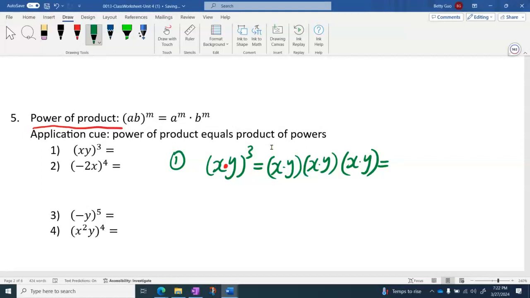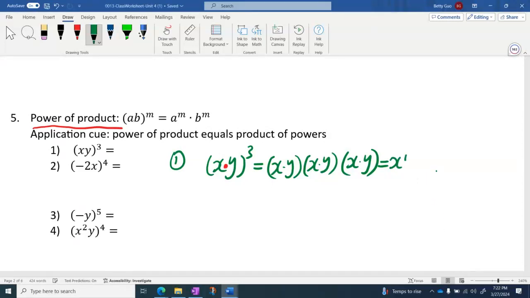Remember, we have the commutative and associative properties of multiplication of real numbers that allow us to rearrange the order of the factors.